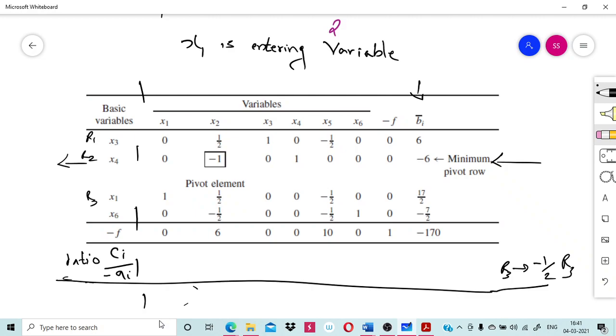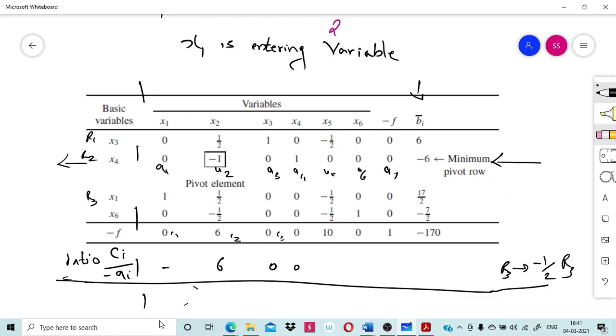Here ci means c1, c2, c3, etc., and ai means a1, a4, a5, a6, a7, etc. So ci divided by minus ai: here not defined, here 6, then 0, like that.